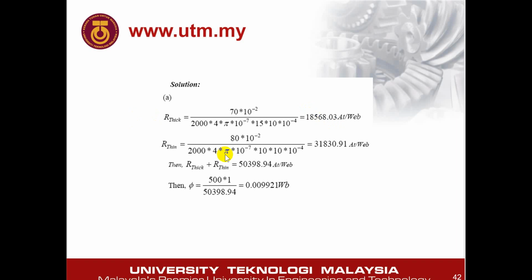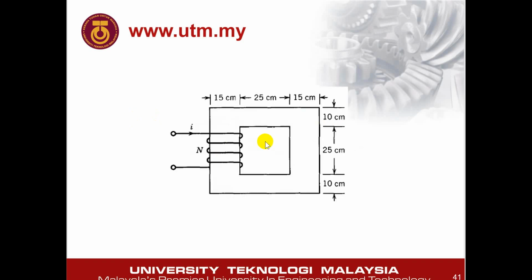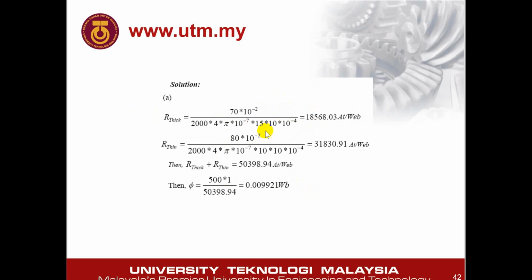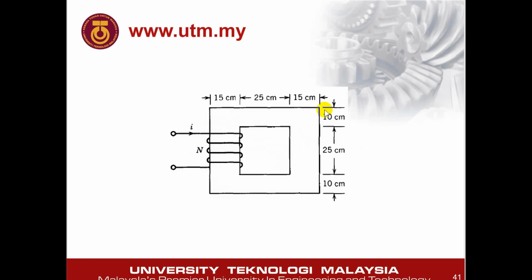So for the thin one, 80 cm. You can see here 25 plus 15 divided by 2 plus 15 divided by 2, which is 40. 40 because there are two sides, here and here, it becomes 80. Same here, mu r is given. This one is mu naught, 10 multiplied by 10 as shown before, because this one is 10.